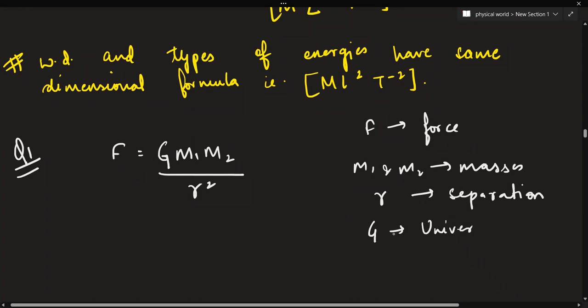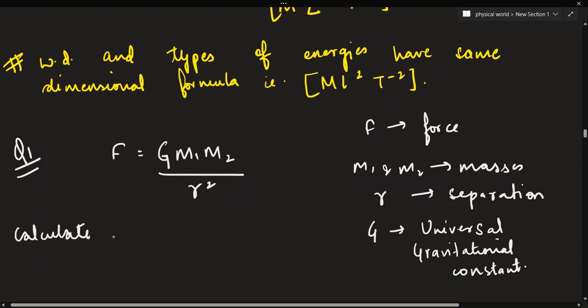I think you must have done this gravitational constant in 9th. Universal gravitational constant. So now I have told you. Now just calculate and tell me the dimensional formula of G. So you know M1, you know M2, you know R square.